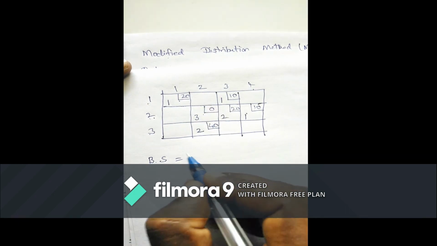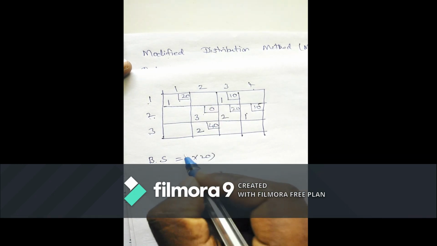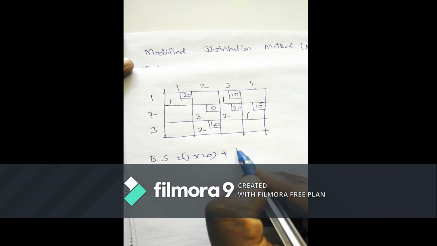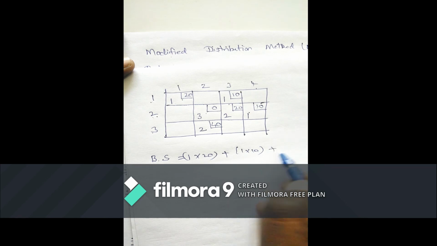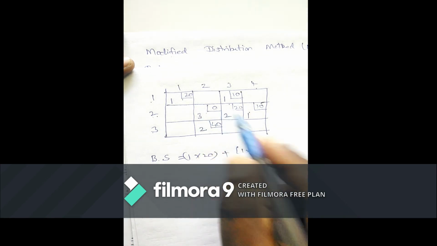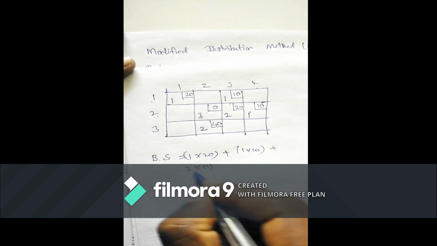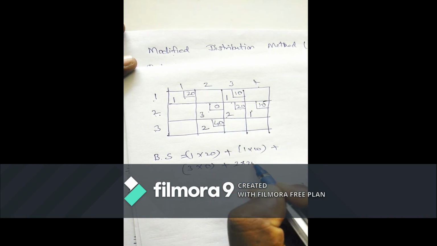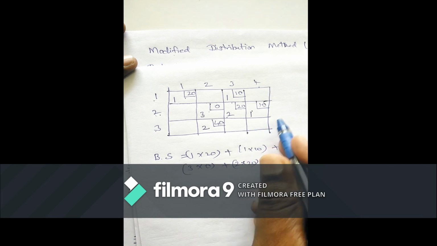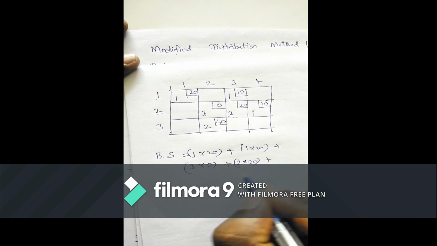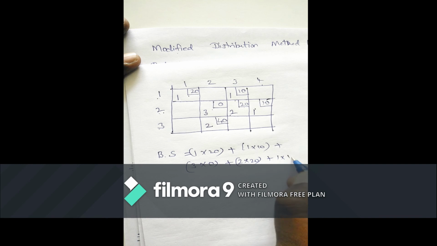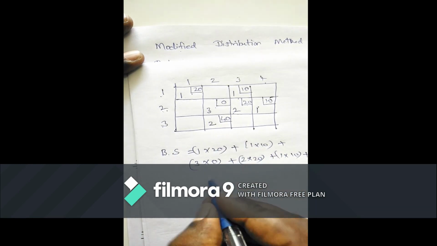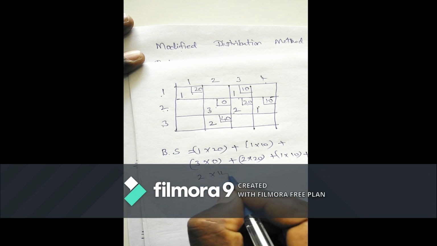So 1 into 20 plus 1 into 10 plus 3 into 0 plus 2 into 20 plus 1 into 10 plus 2 into 40.